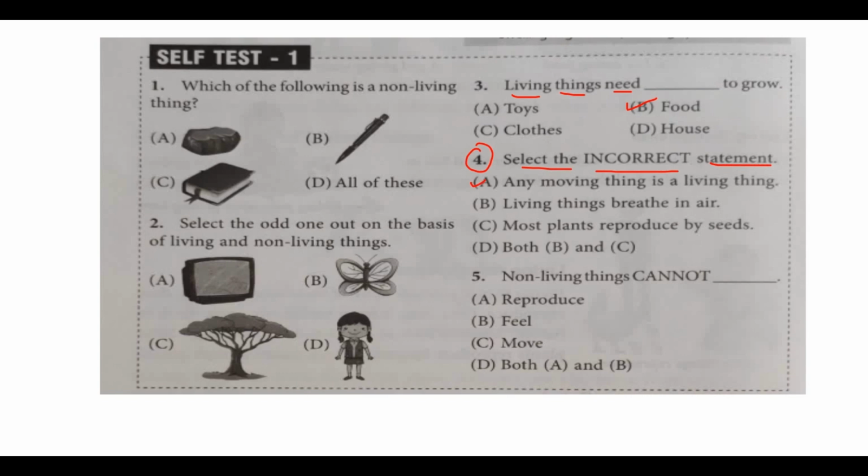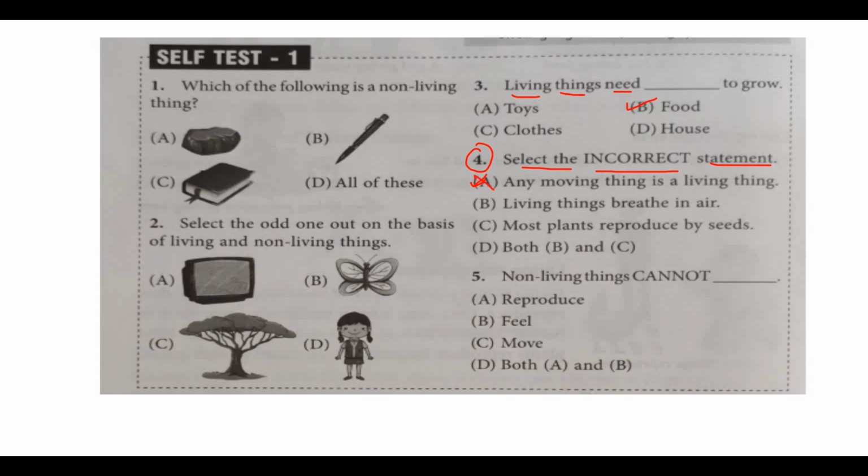This is not possible. For example, if paper is flying because of air, we cannot say that paper is a living thing. So this is A. A is your incorrect option.